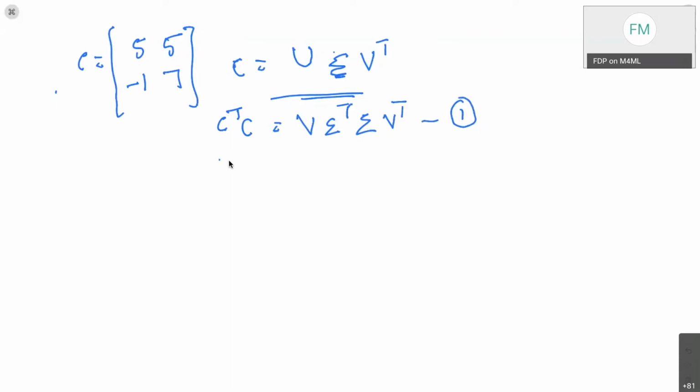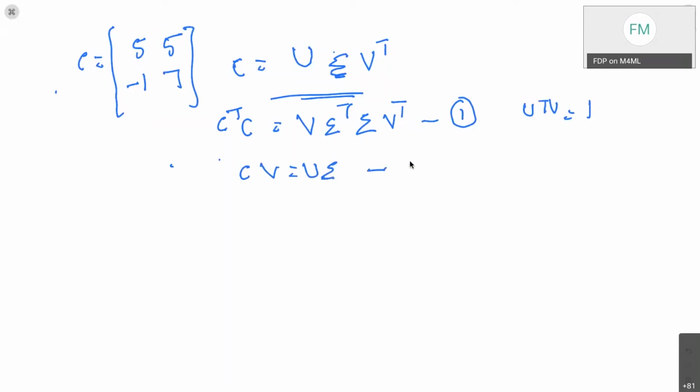Now here you have U transpose U. Basically, from the orthogonal matrix property, U transpose U will give you the result as 1, right? U transpose U is equal to 1. Okay. So what we do is CV is equal to U sigma, right?